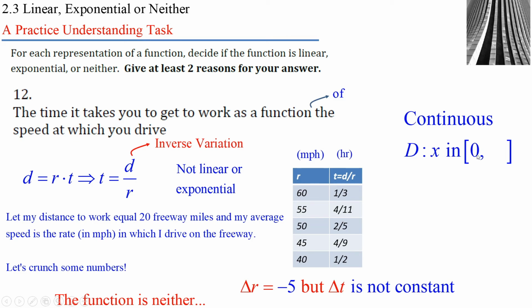And then when I get on the freeway, I accelerate until I get to 60 miles per hour. So that's my domain between 0 and 60. And that's inclusive, and that's why I did brackets. X can equal 0, or in this case R, and R can equal 60. Because Mr. Gibbons does not break the law on the freeway. You know, I'm a certified driver's ed instructor as well.